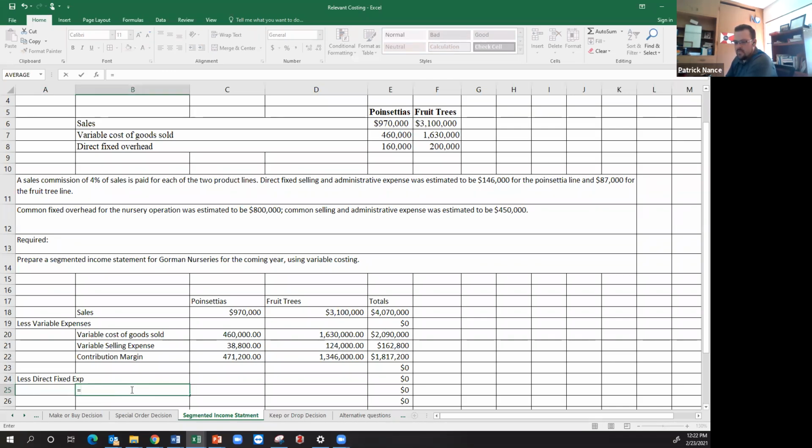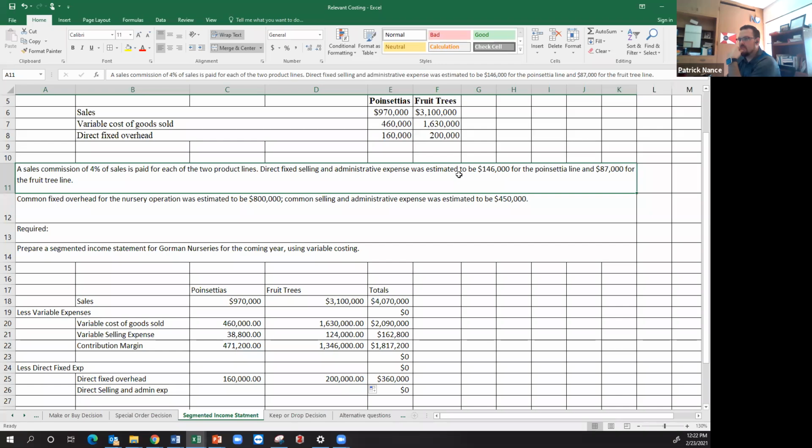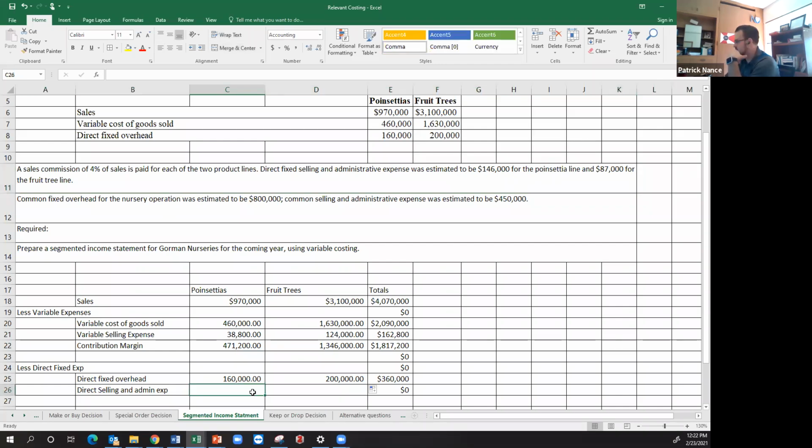Now I can take out my direct fixed expenses, which include my direct fixed overhead as well as my direct selling and administrative expense. My direct fixed overhead is given here: 160,000 for poinsettias and 200,000 for the fruit trees. My direct selling and administrative is shown in the body of the problem: 146,000 for the poinsettia line and 87,000 for the fruit tree line.